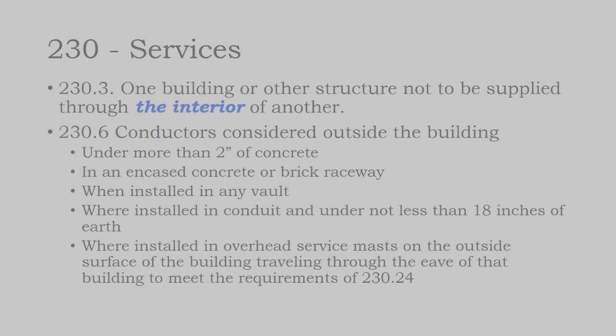So if I have a row home, I'm not allowed to take the power lines from outside the building and then put them through the floor of another building and then tie those into a third building on the other side. Unless there are special conditions like I'm burying them in concrete or putting them in a concrete raceway, or there's a vault, which is just a concrete barrier around where the cables are going under.